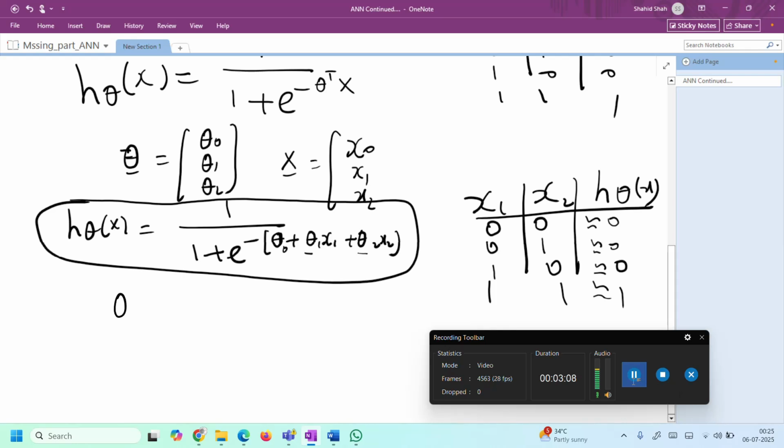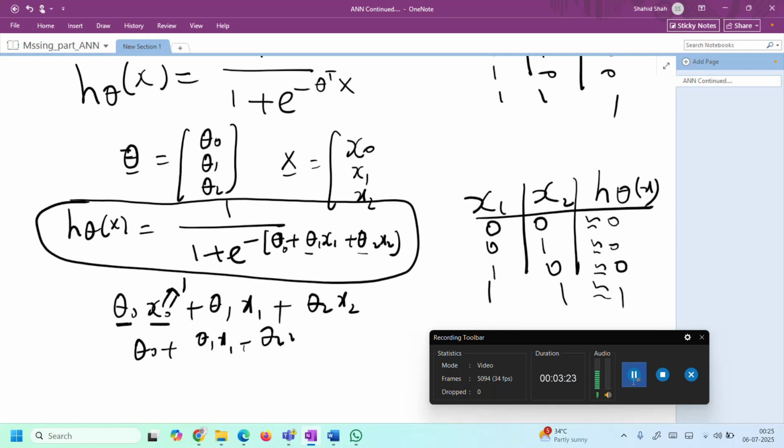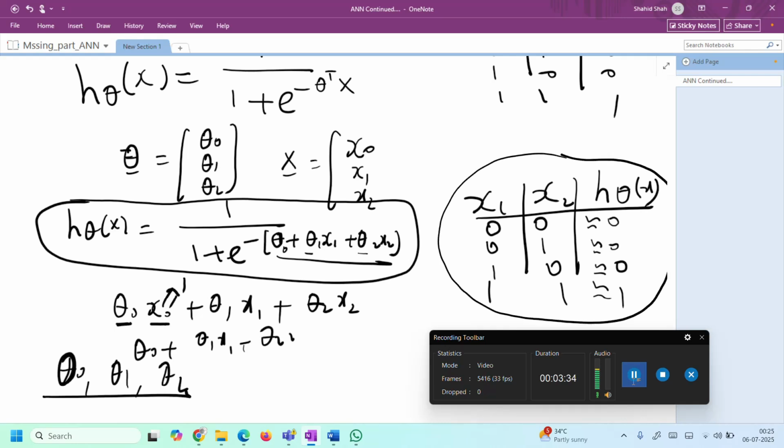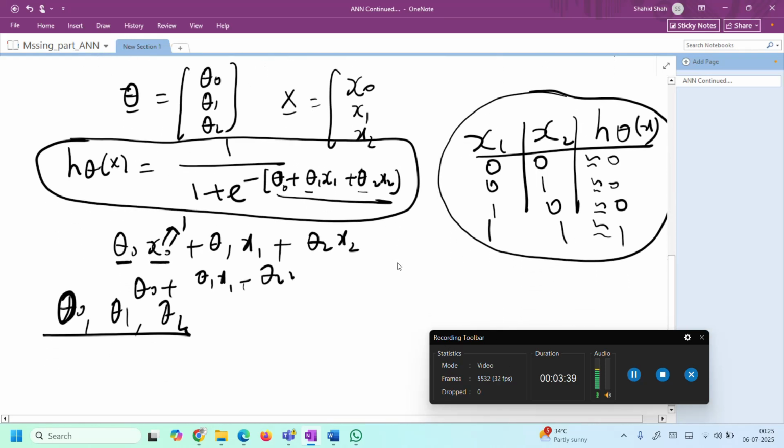So basically it is theta 0 x0 plus theta 1 x1 plus theta 2 x2, but this bias value x0 is always 1, so it becomes theta 0 plus theta 1 x1 plus theta 2 x2. Now we need to learn theta 0, theta 1 and theta 2 such that this neural network behaves like this.